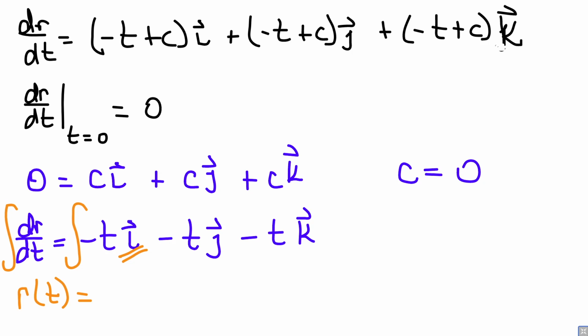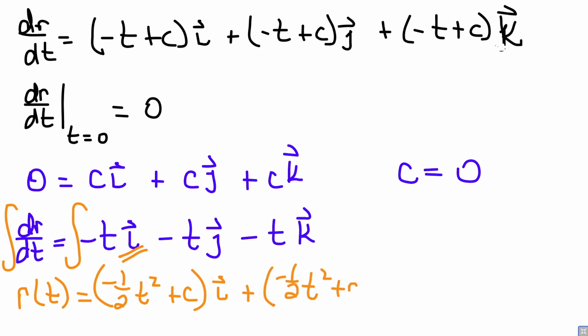Negative t squared over 2. Keep going. Yes, don't forget the plus c. So we're going to have negative 1/2 t squared plus c, and this is in the I direction. Well, we're going to get the same thing for the next term. And we're going to get the same thing for the last term.